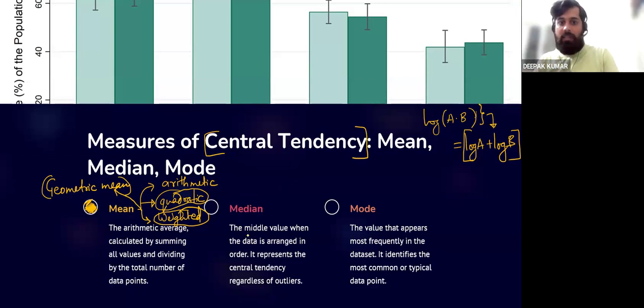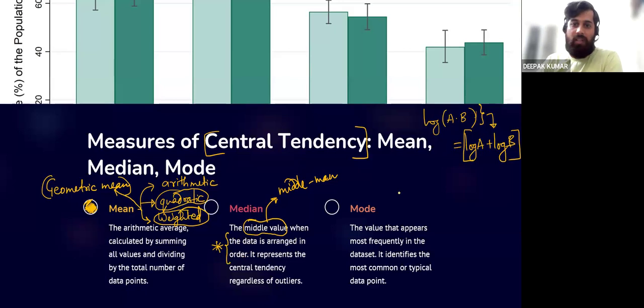The median says the middle value. So this is the keyword to the median. Median says, I am the middleman. When the data is arranged in order, mind it, this is a very important line, then only the middle value represents the median.